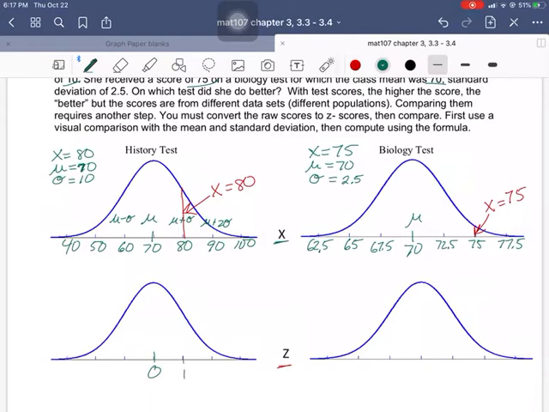Then up here are 1, 2, 3 standard deviations above, and on the minus scale, 1, 2, 3 standard deviations on the low side.